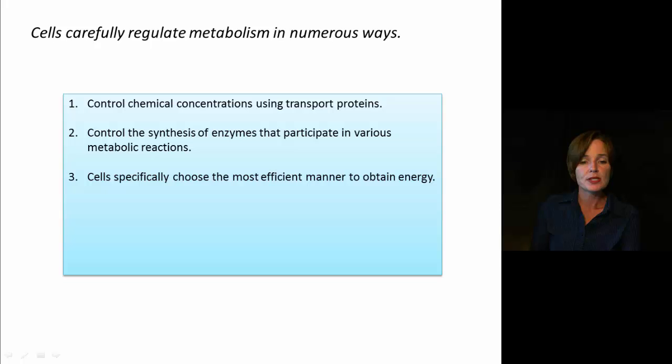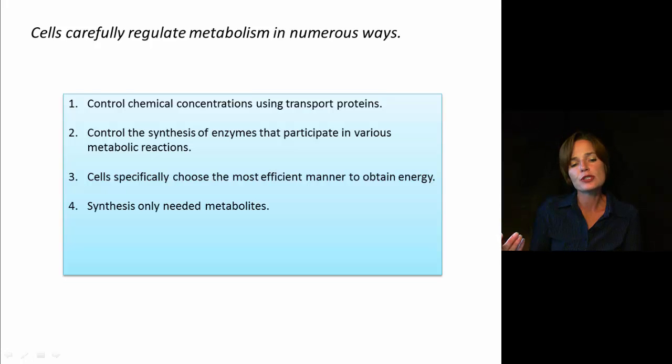They are going to specifically choose the most efficient manner of obtaining energy. For example, if they have a choice between running cellular respiration and fermentation, cellular respiration is a more productive, more efficient process, but it requires the use of oxygen. So if they don't have oxygen, they would have to default to the fermentation side. They are going to synthesize only the needed metabolites.